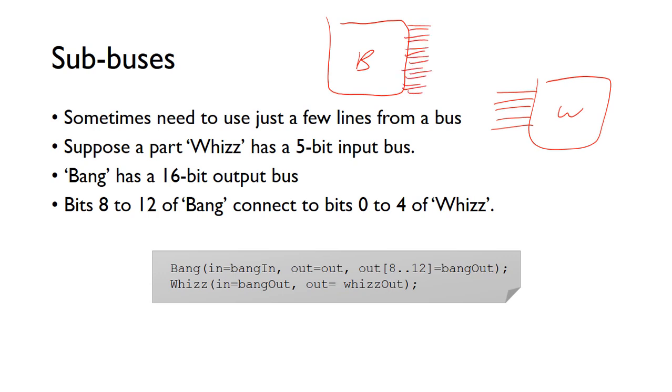So there's 16 bits there. For this example, say we wanted to connect bits 8 to 12 of bang to 0 to 4, so it'll be something like this.